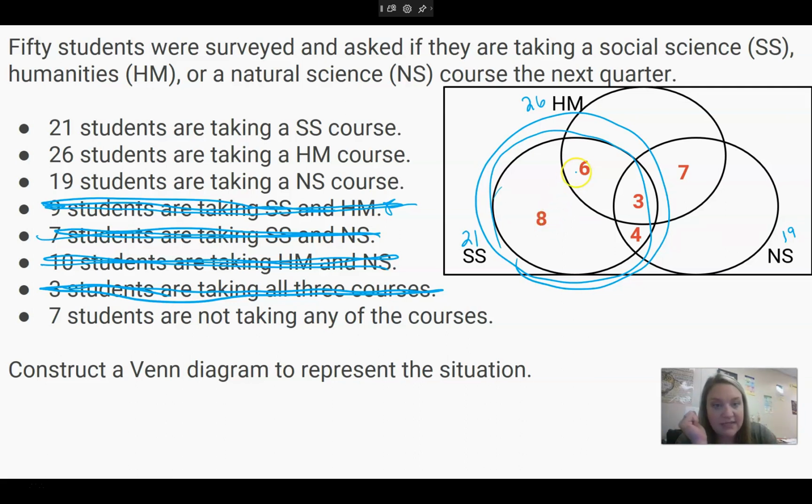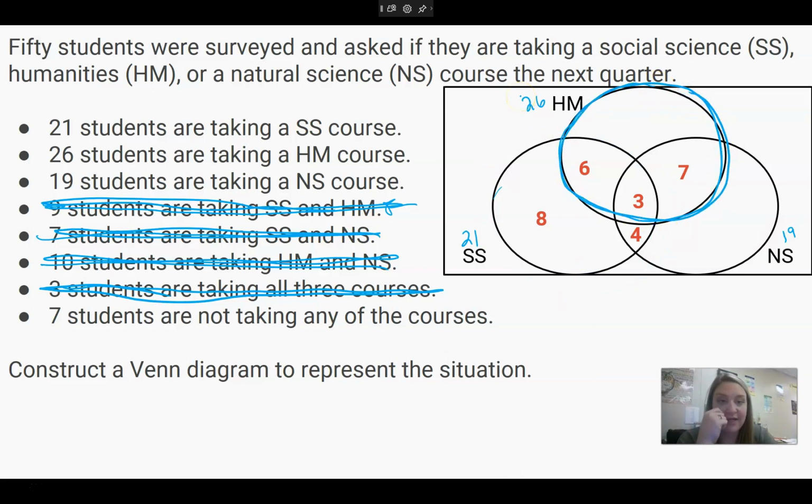So now all these numbers, 8, 6, 3, 4, should all add up to the 21 and they do. All right, let's go up. Everything in the humanities circle, all these numbers need to add up to give me 26. Well, I already have what? 16 there. 26 minus 16, we got 10 left. That are just going to do humanities and no other course.